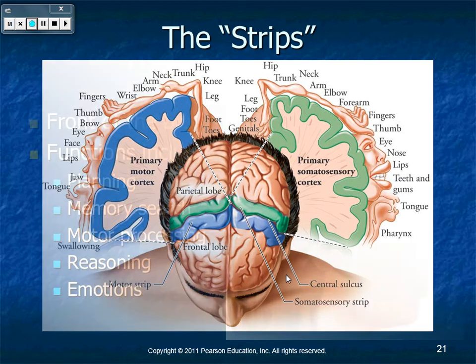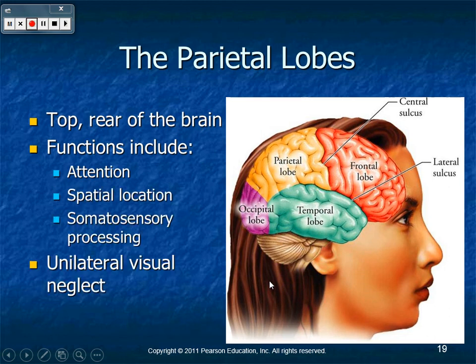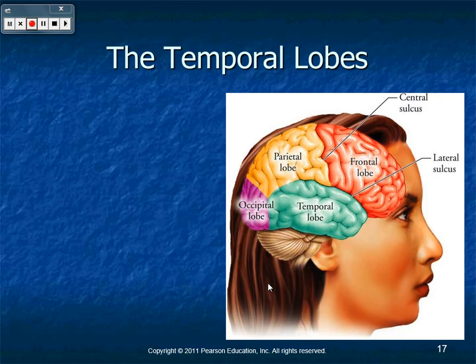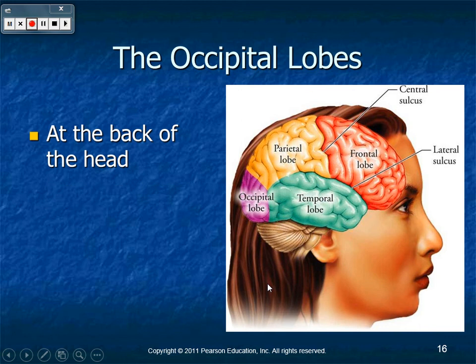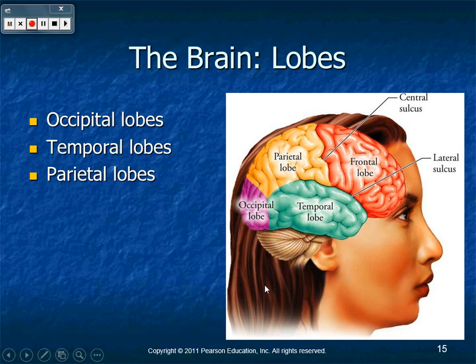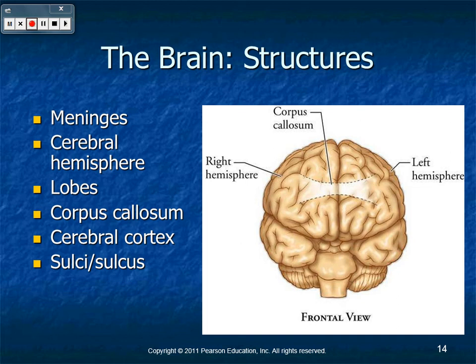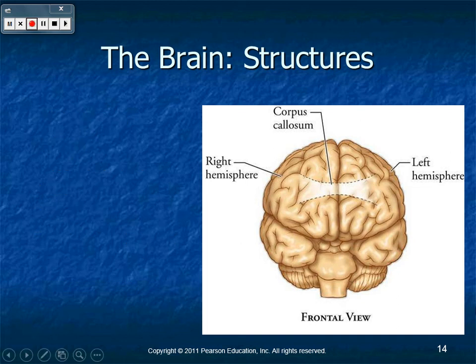All right, the brain. You have two hemispheres. You have the right hemisphere and the left hemisphere. It literally means you have two sections. I can split your brain in half. Your right hemisphere and your left hemisphere are connected by what is called the corpus callosum. Your corpus callosum allows the right hemisphere to speak to the left hemisphere.